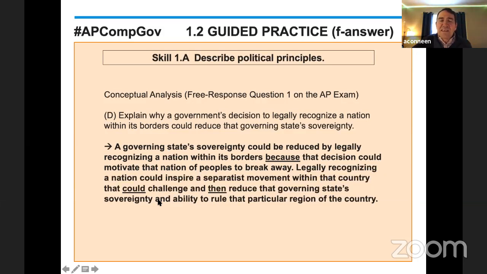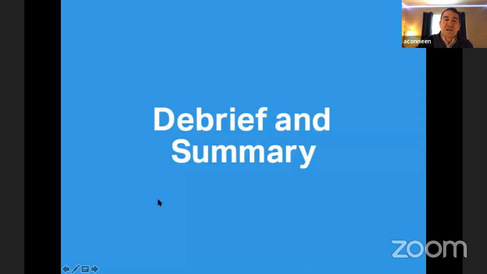Separatist movement, again, is a term that we'll be talking about more in these upcoming topics, but you should be very familiar with the term sovereignty and how recognizing a nation could in some cases lead to reducing of the governing state's sovereignty if there becomes a separatist movement in that particular region of the country.